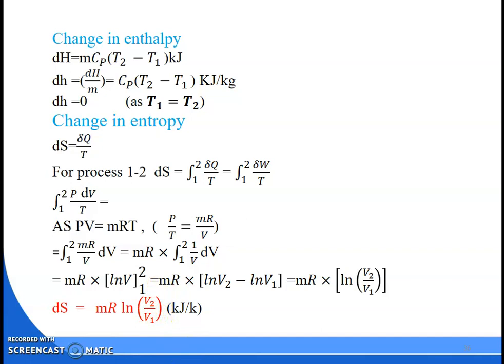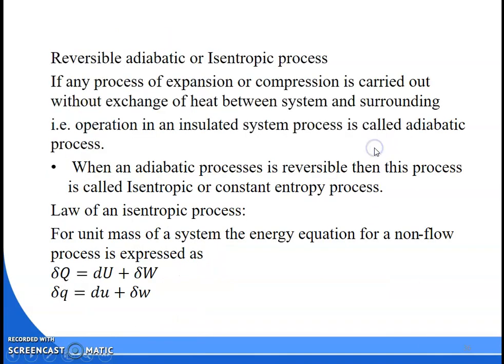Okay. Next we will discuss the reversible adiabatic, that is the isentropic process. If any process of expansion or compression is carried out without exchange of heat between the system and surrounding, that is, operation in an insulated system, the process is called adiabatic process.